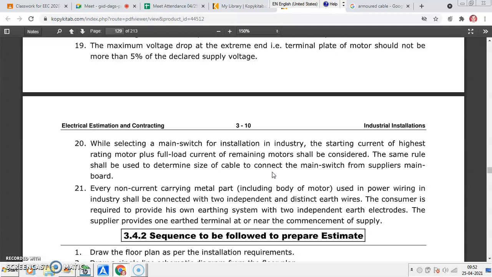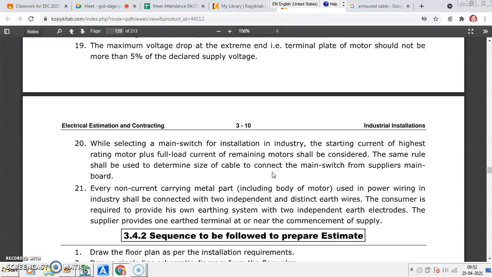This is very important. You are providing separate switches to each machine with protection devices, and then you have the main switch that is to be installed for controlling the overall motor control circuit. The current rating of this main switch is the summation of the full load currents of all remaining motors.